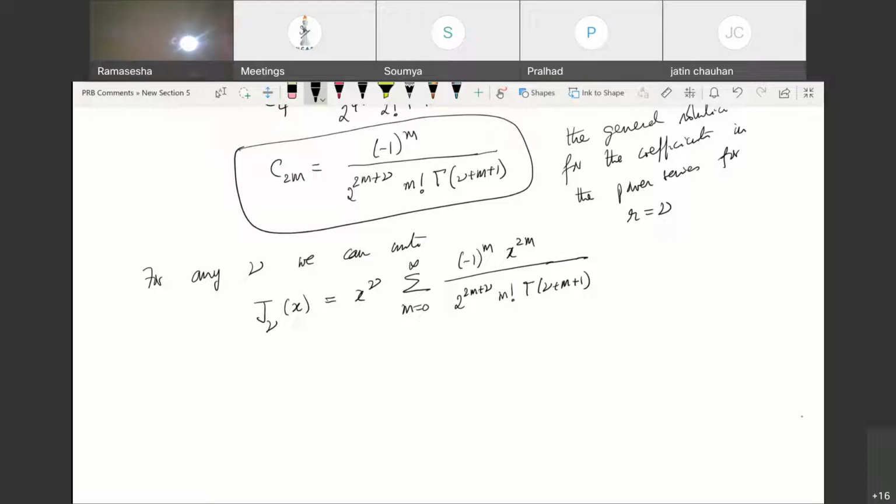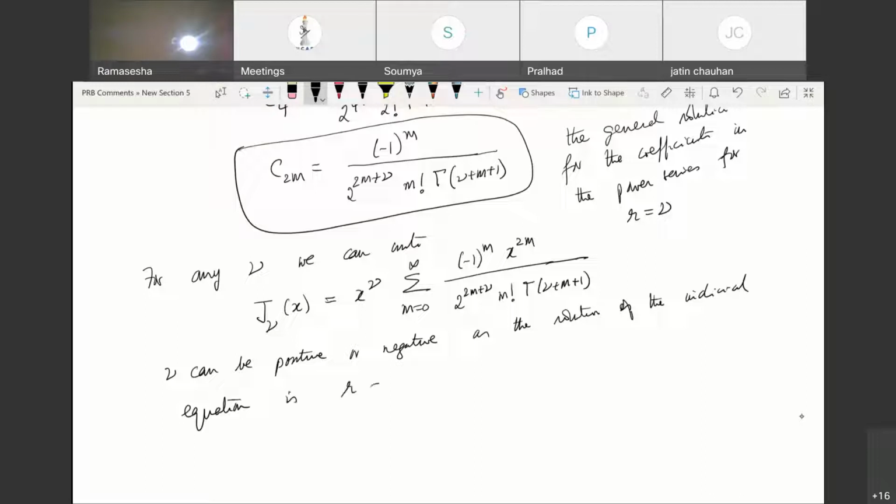Okay. So positive or the solution of the integral is R equal to. So this was a solution that I had for the integral equation.